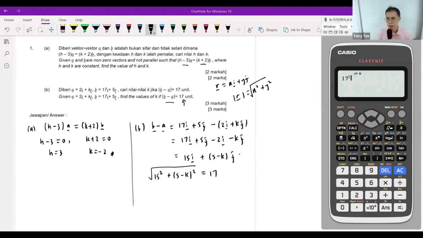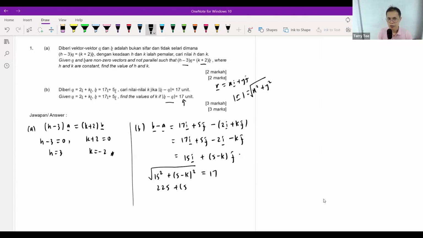Take your 17 and square it first. That is 289. And 15 squared is 225. So 225 + (5 - k) squared = 289. You don't have to expand the bracket for 5 - k, leave the bracket. 289 minus 225 is 64.